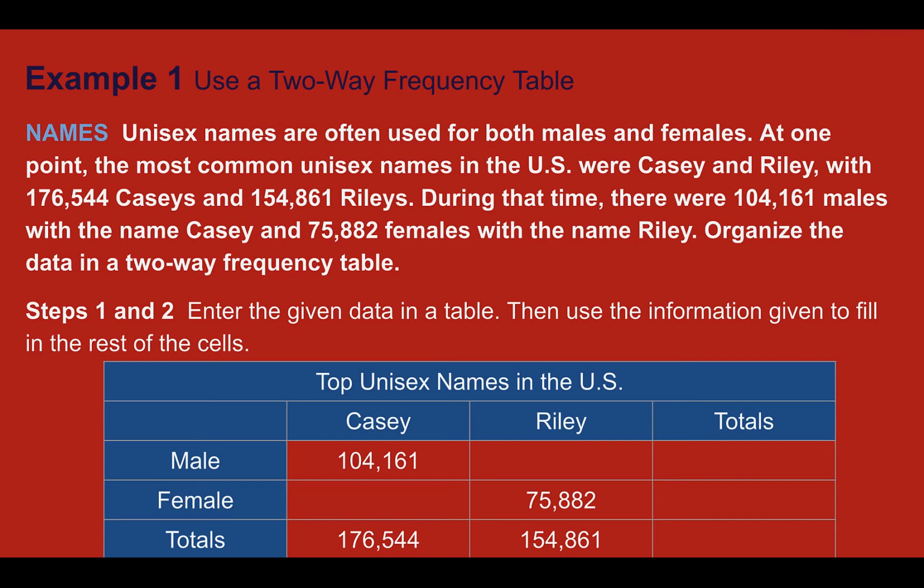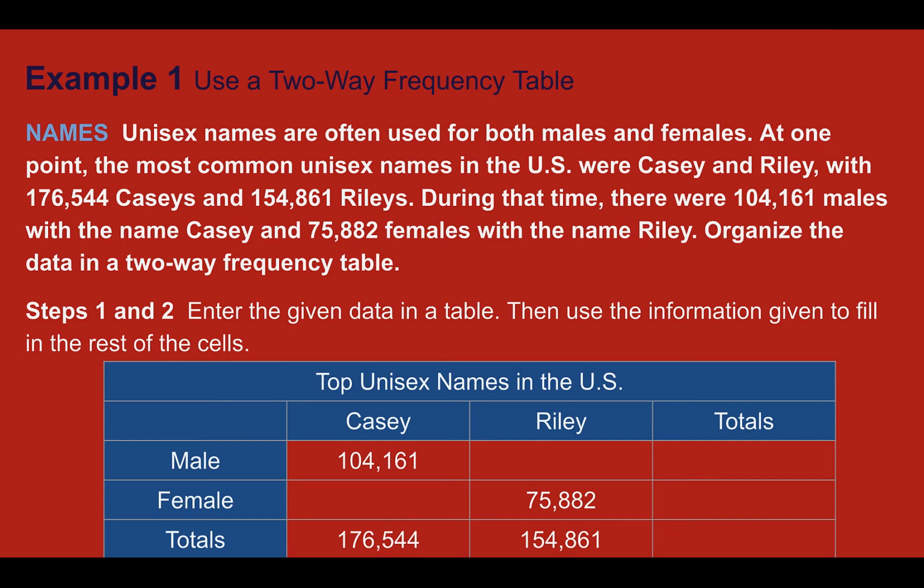During that time, there were 104,161 males with the name Casey and 75,882 females with the name Riley. Organize the data in a two-way frequency table.